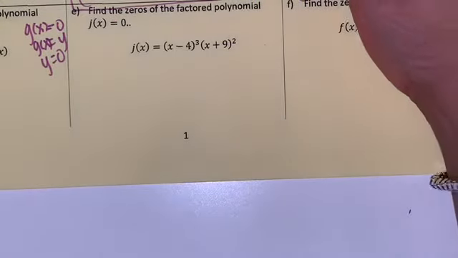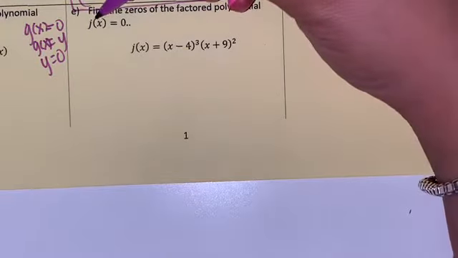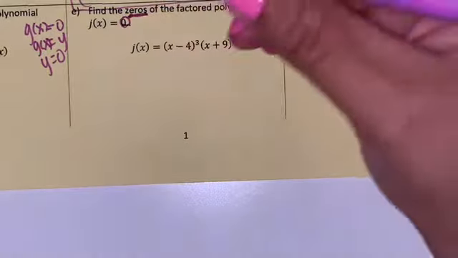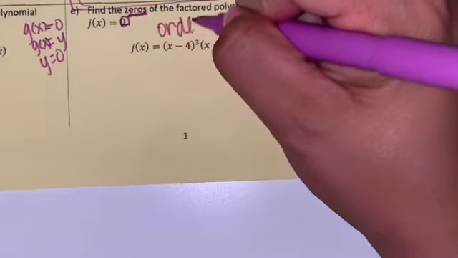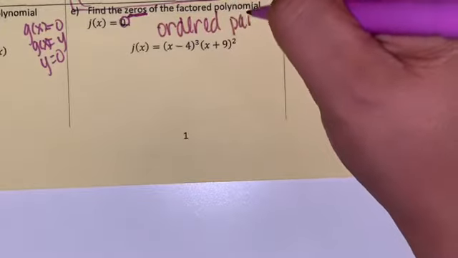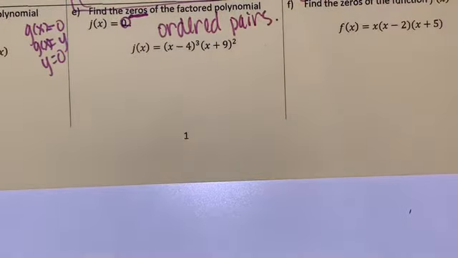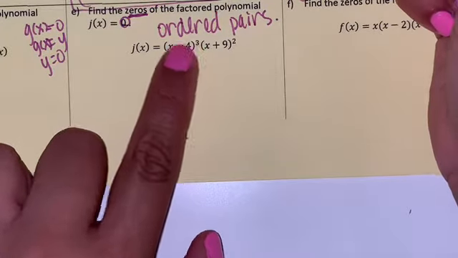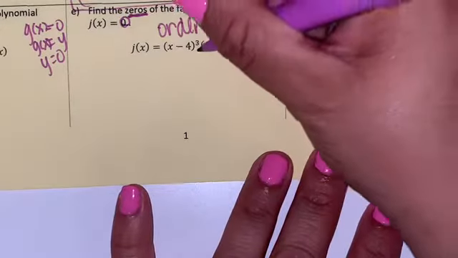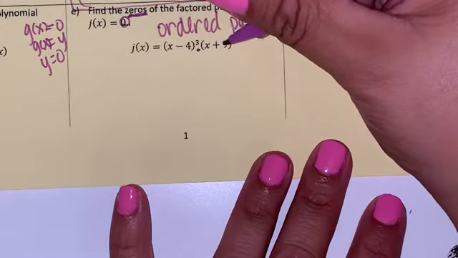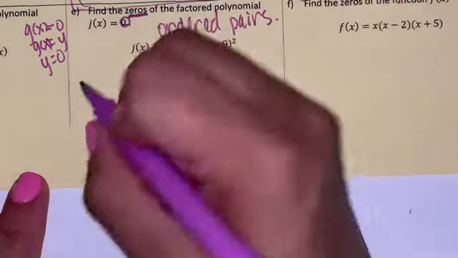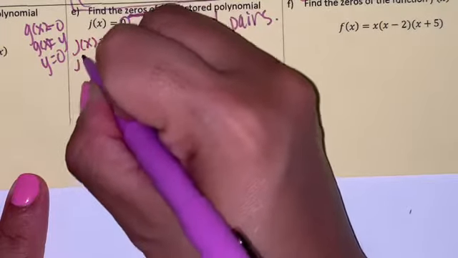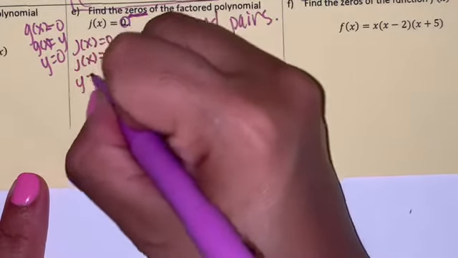All right, find the zeros of the factored polynomial. You're saying that j of x equals 0, and I want to find the zeros. So these are going to be ordered pairs. J of x equals x minus 4 cubed times, this is multiplication, x plus 9 squared. So j of x equals 0, j of x equals y, y equals 0.